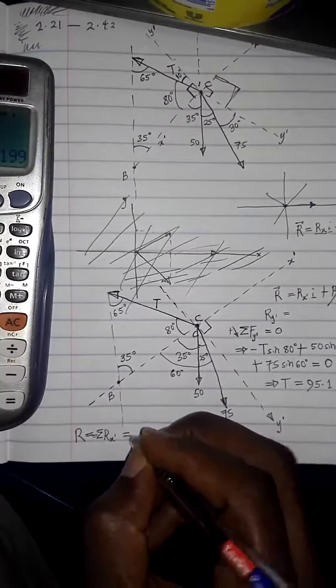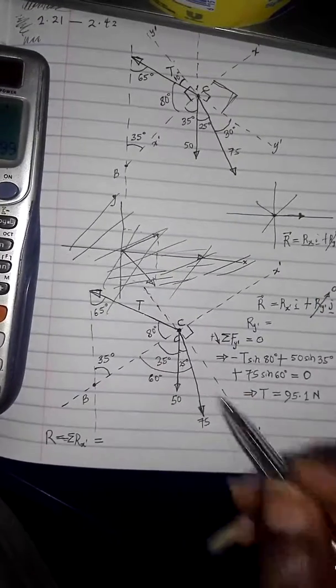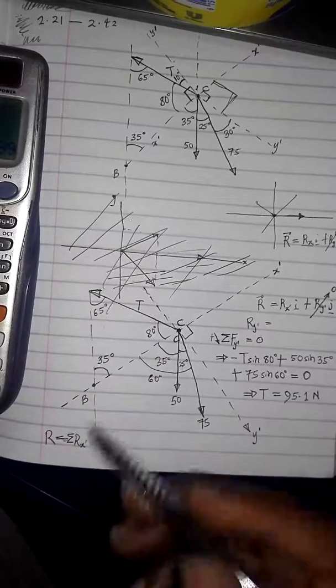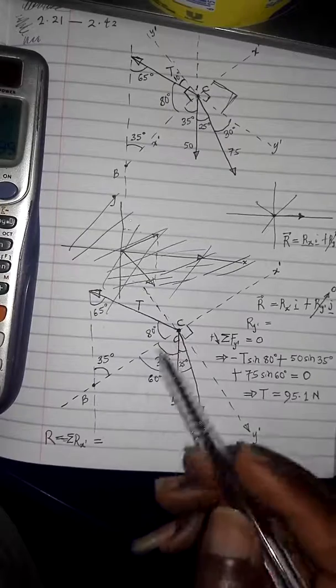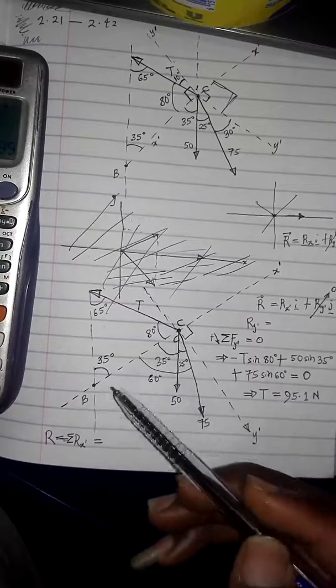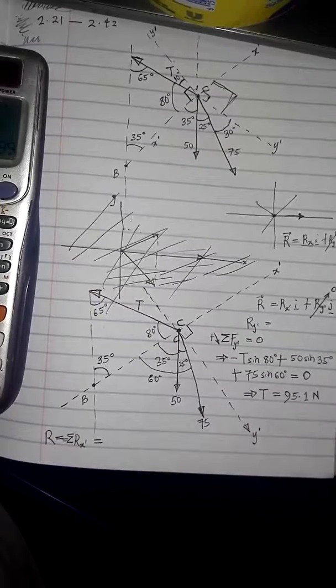So you can quickly do that. We expect that everything should face here, so we can adopt this as our positive x prime direction. But where it faces is actually not the problem now. The question says we should find the corresponding magnitude of the resultant.